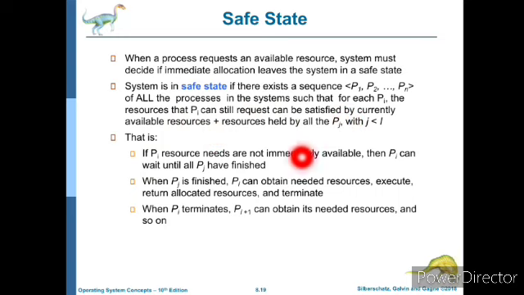When Pj has finished, Pi can obtain the needed resources, execute, return the allocated resources and then terminate. When Pi terminates, the next process, Pi plus 1, can obtain the needed resources, and after that Pi plus 2, and so on. So this is a safe sequence.